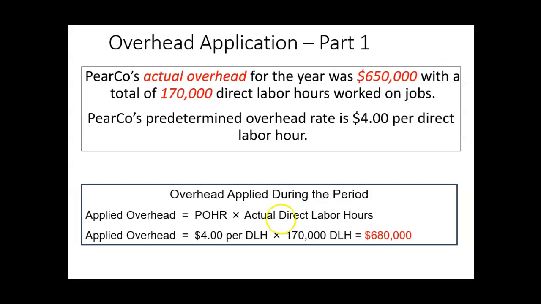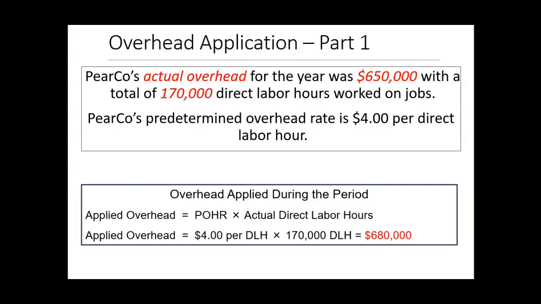So we'll take a look at how you account for overhead that's overapplied or underapplied. We have the parent company that had actual overhead for the year of $650,000, with a total of 170,000 direct labor hours worked on this job. They're going to assign overhead based upon a predetermined overhead rate of $4 per direct labor hour, okay?